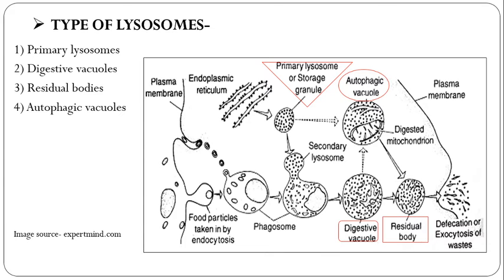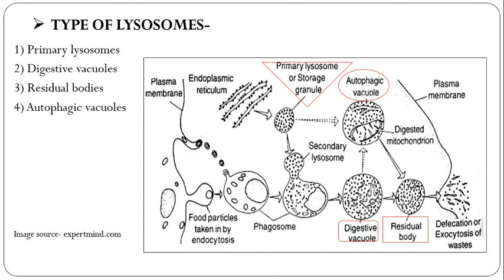This may be due to fusion with primary lysosomes, the storage granules, so some enzymatic reaction, the acid phosphatase reaction, takes place. They contain enzymes and the material to be digested, or already digested material is present.